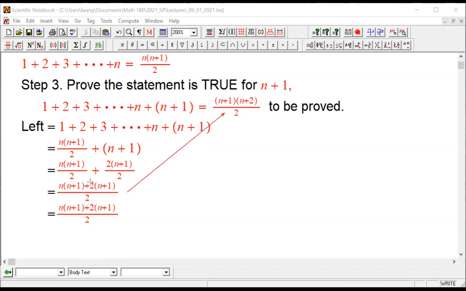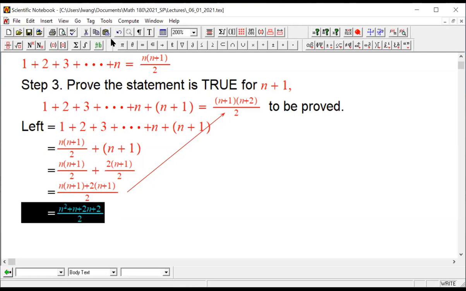By our algebraic operations, of course, here you're going to open up the parentheses. You're going to have n squared plus n, and 2 times n times 1, so you've got 2n plus 2.